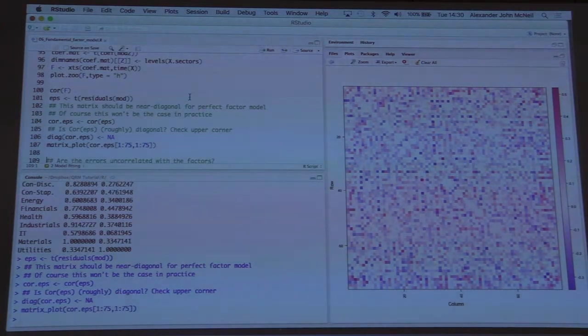Rather than attempt to show you a 365 by 365 correlation matrix, I will have a look at the upper corner. So the upper corner, I've basically taken the first 75 stocks, and so this is the upper 75 by 75 corner, and this is a picture of a correlation matrix, a level plot.